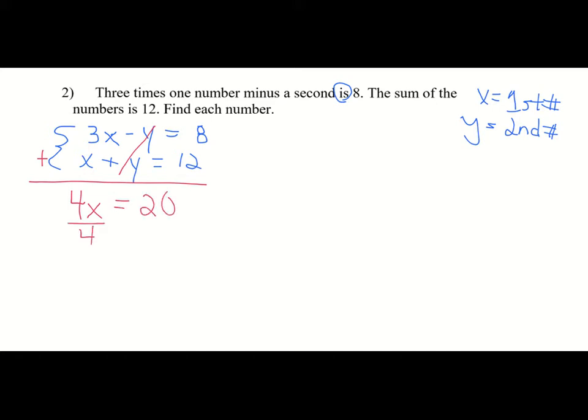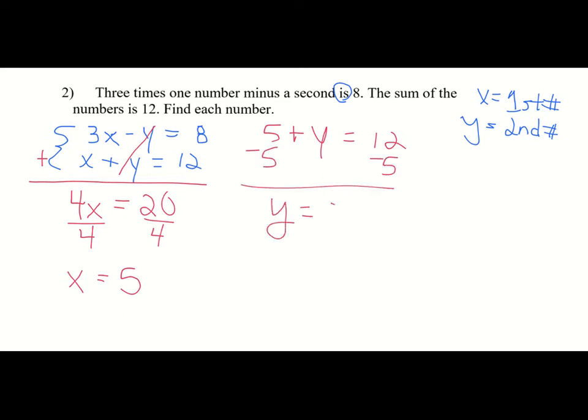So we're going to divide both sides by 4, and we get x equals 5. And then we can go back and do 5 plus y equals 12. So then we'll subtract 5 from both sides, and y will equal 7. So our solution to this system is (5, 7).